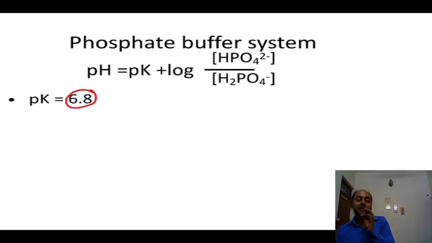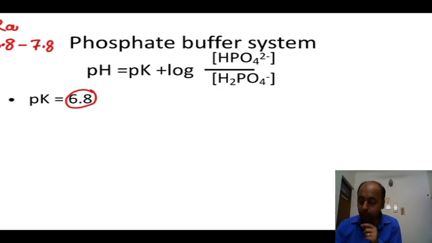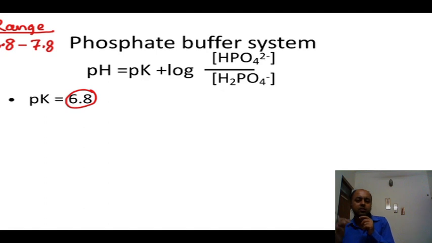Therefore the range of buffering action for this buffer system varies from 5.8 to 7.8. It obviously covers the physiological pH 7.4.